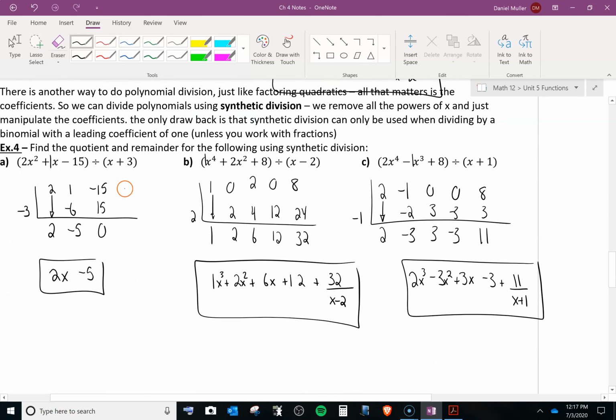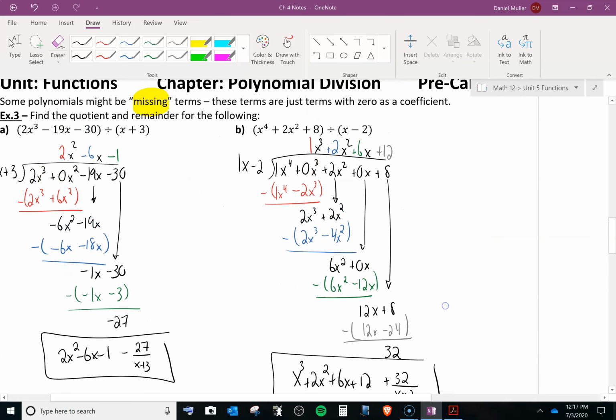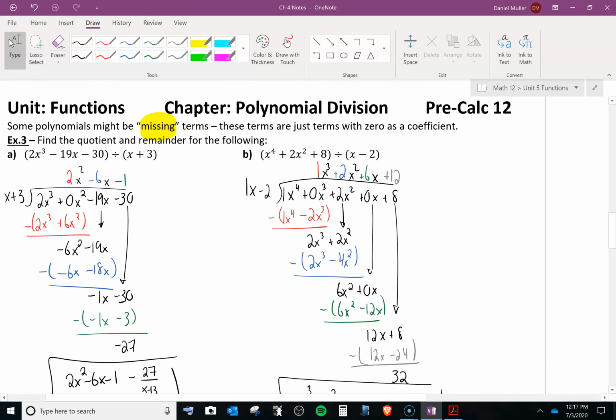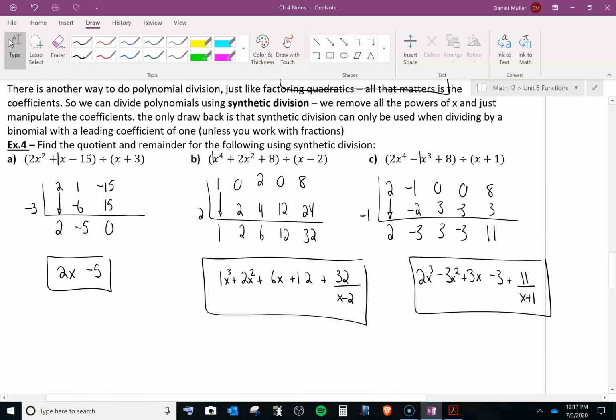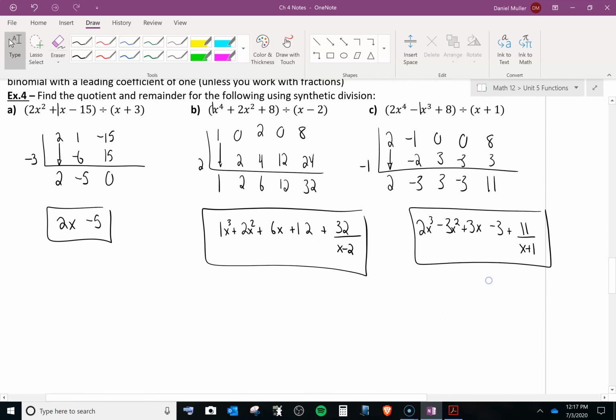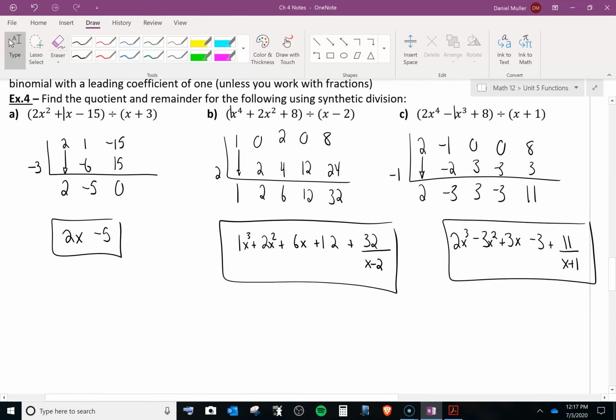So we do synthetic division. We do that when we're solving, which we're going to be doing soon. And then in the next chapter, when we do some graphing, we'll go back and we'll do this long division. So I do long division for some parts, and for solving equations, I do synthetic. So that's it for this video, and we can move on with the next video.